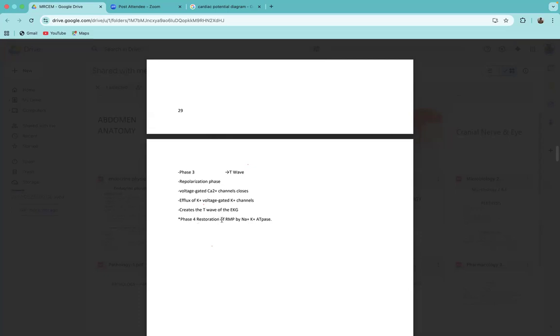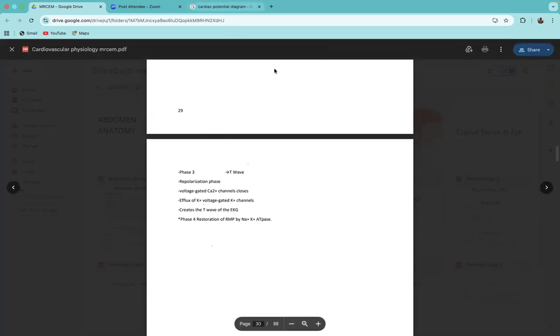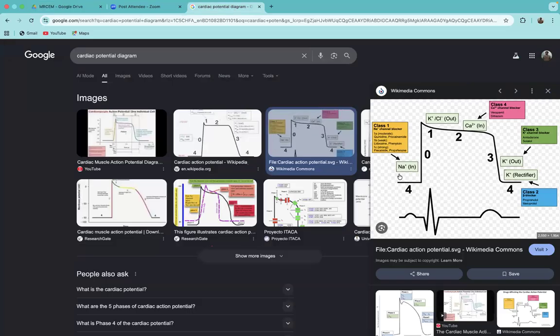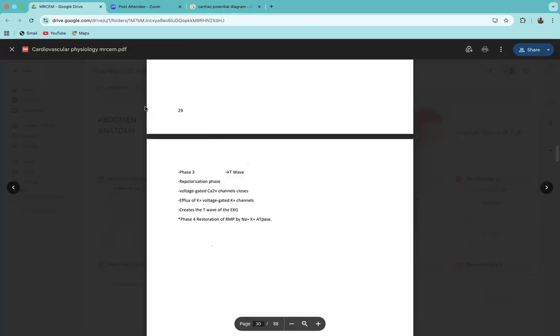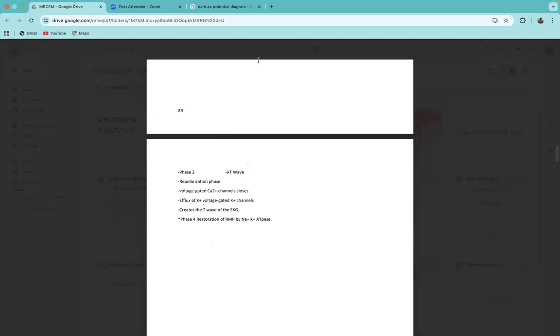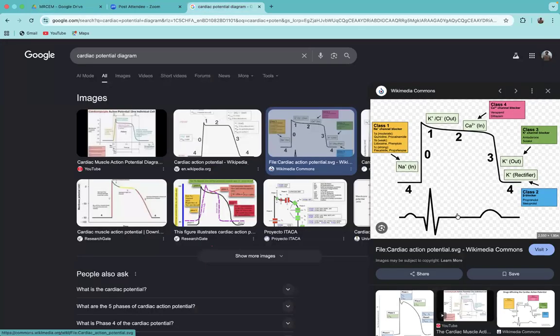And phase 4 is the restoration of the resting potential, due to the sodium potassium ATPase. So this image is very important for us. As you can see, phase 4 is the restoration of the resting membrane potential, which ultimately turns into the P wave.